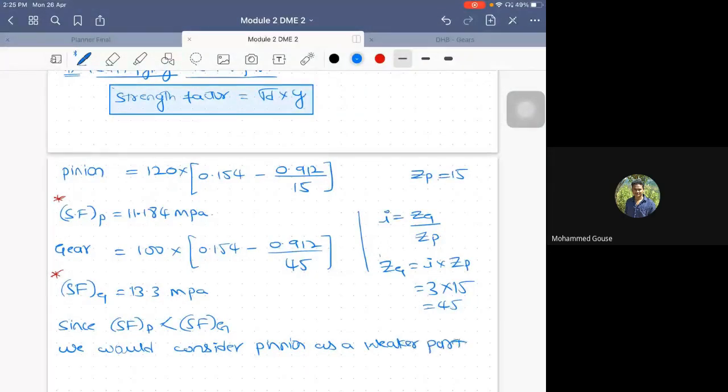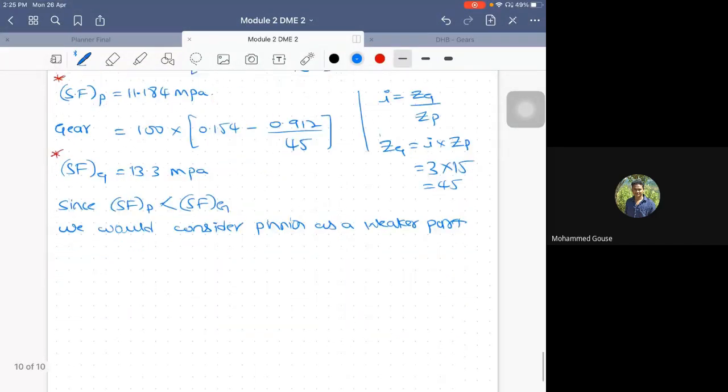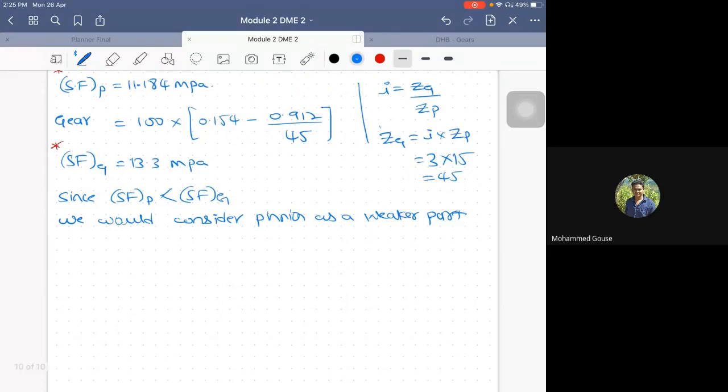Got it? So now every calculation will be based on the pinion. Any doubts, guys? Shall we move on? Yes, sir.